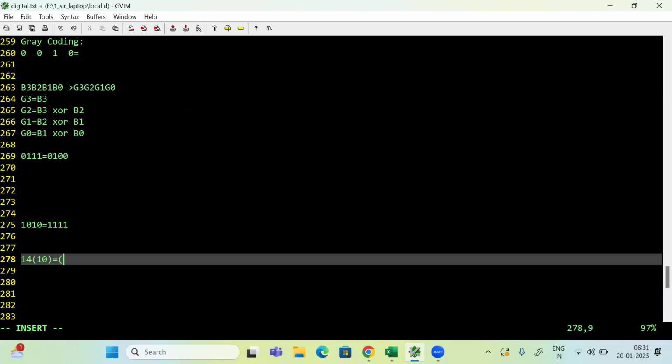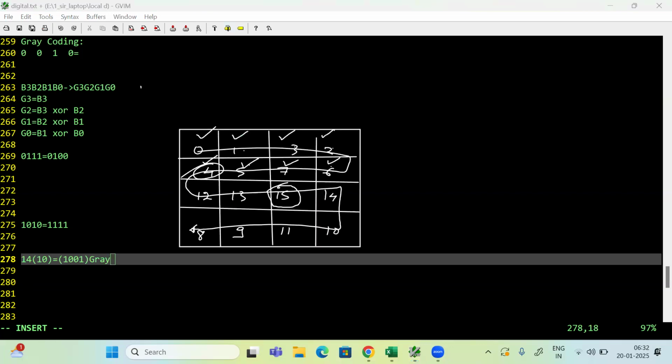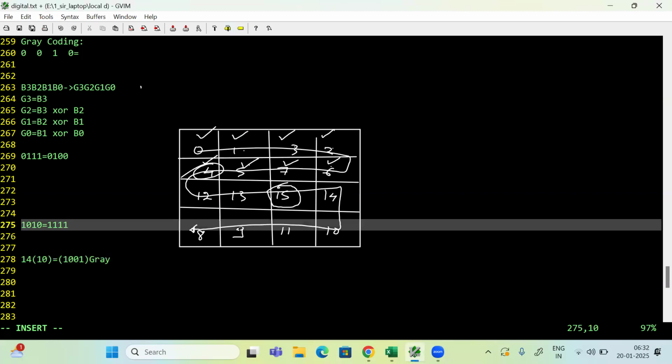What shall I write here? 1001 in gray. Is it correct? Yes, sir. 0, 1, 2, 3, 4, 5, 6, 7, 8, 9, 10, 11, 12, 13, 14. 14 is which? What is the value? 9. What we got? 9.